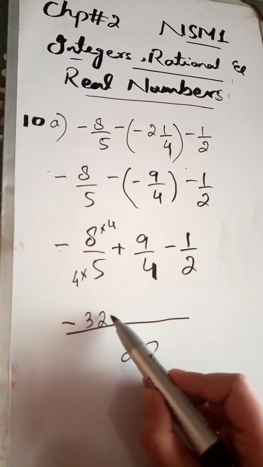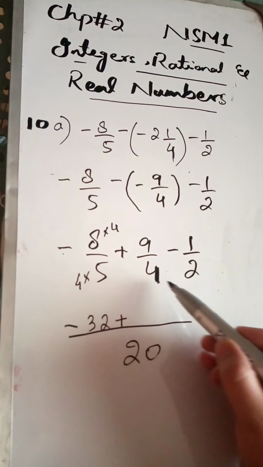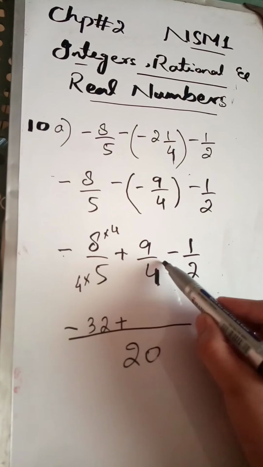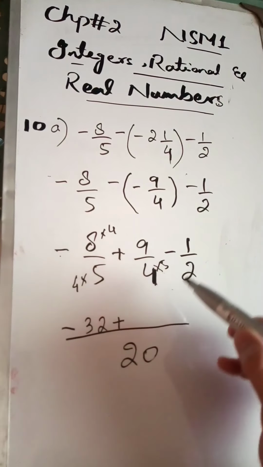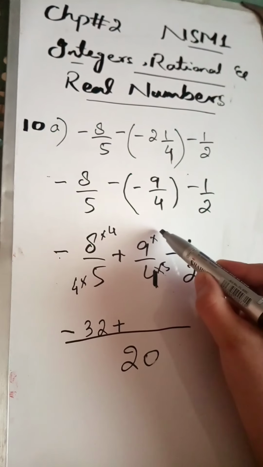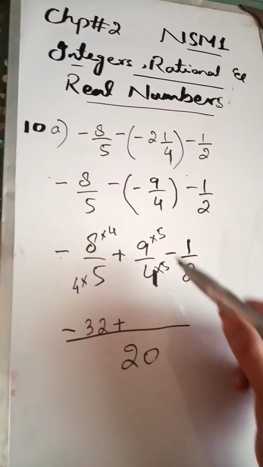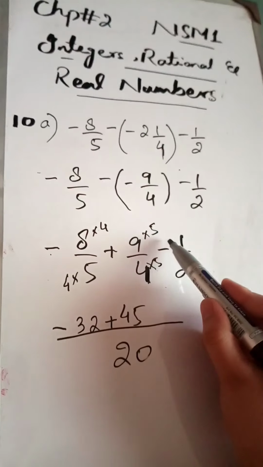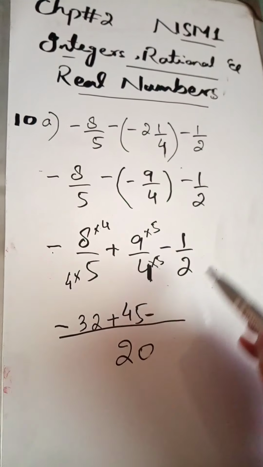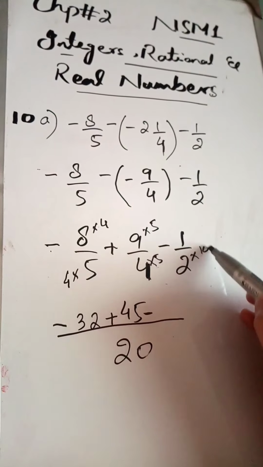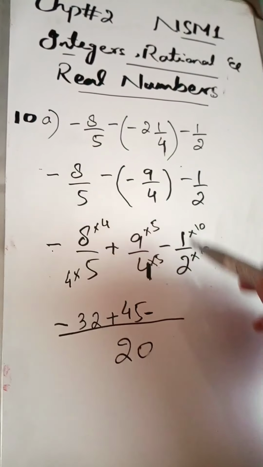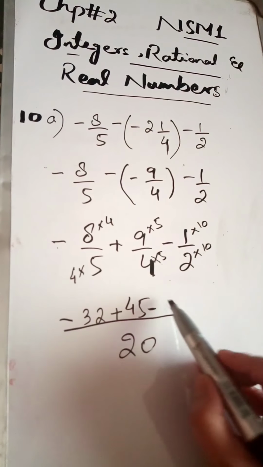Then next the sign is plus. When 4 is multiplied with 5, it becomes 20. Multiply that 5 also with the numerator. 5 9s are 45. Then what is the next sign? Minus. When 2 is multiplied with 10, it becomes 20. Multiply that 10 also with the numerator of this fraction. 10 1s are 10.